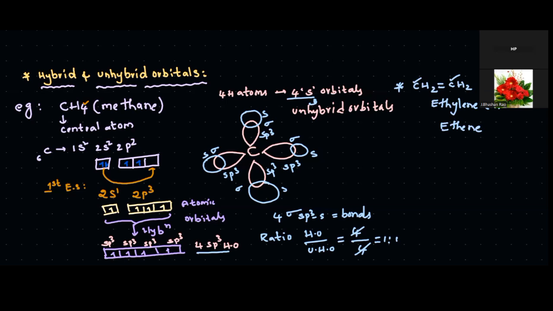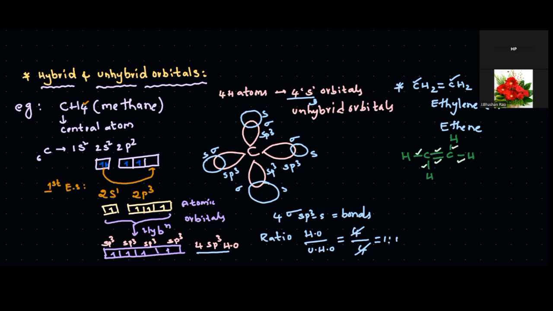Now the structural representation: H, C, another hydrogen, double bond, C, H, H. Here, how many bonds does one carbon have? Count the number of bonds: 1, 2, 3, 4. 4 bonds are present. So 4 bonds means 4 unpaired electrons are required. Counting here also, 1, 2, 3, 4, again 4.